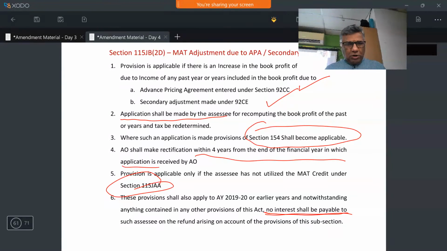Write down in your notebook. MAT adjustment due to advance pricing agreement, APA, or secondary adjustment.